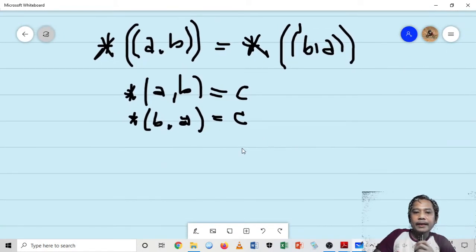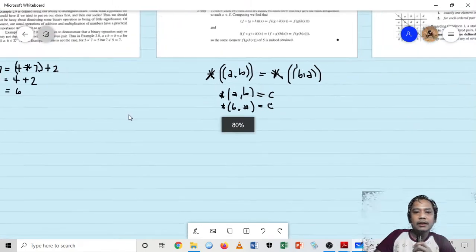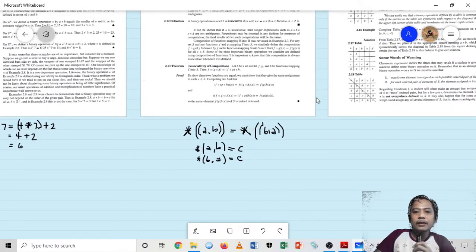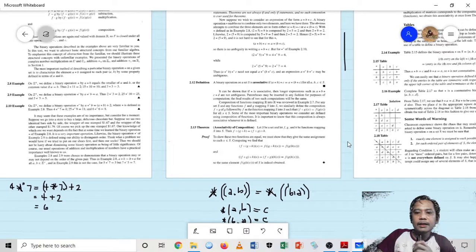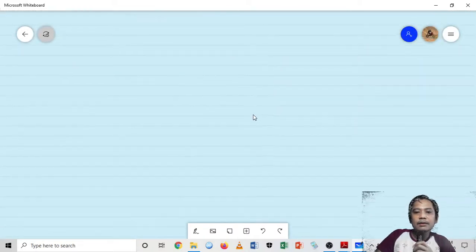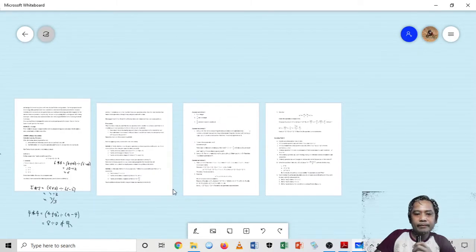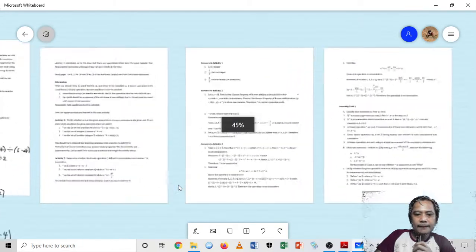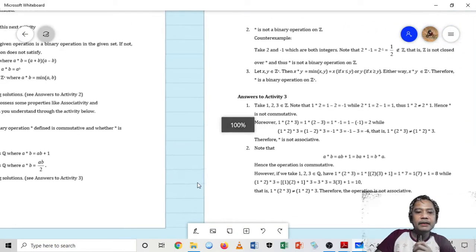Let's try to apply the concept of associativity in one of our examples. Let us go back to our learning packet. Okay, activity 3.